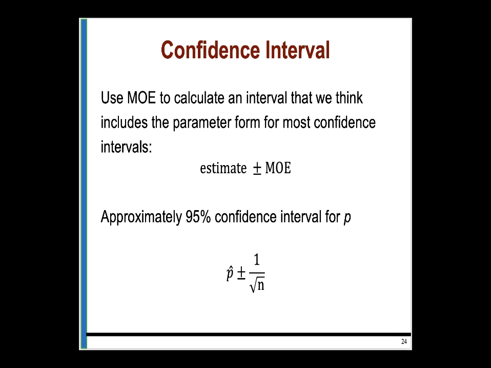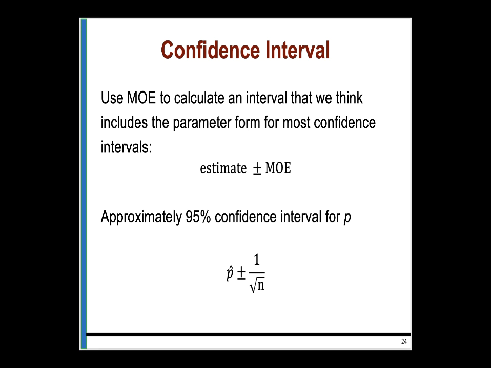When you're having to calculate a confidence interval, you take the margin of error and you add it and subtract it from the estimate. So you'll have your estimate p hat, and you'll add and subtract 1 divided by the square root of n, that margin of error. This provides a confidence interval that gives you an interval of values that you feel confident contains the value of the population parameter.